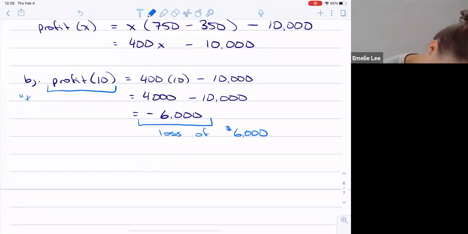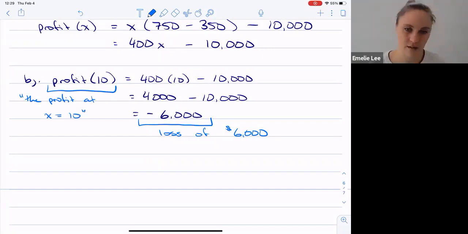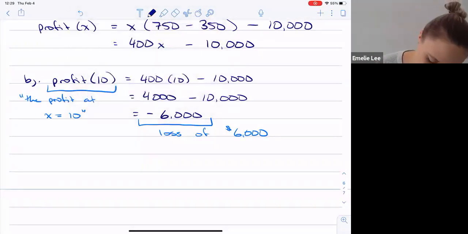This is the profit at x equals 10. So you don't want to confuse yourself by treating it as 10. So you want to, in your mind, keep straight which one is the function and which one is multiplying. But yeah, no, that's really good.